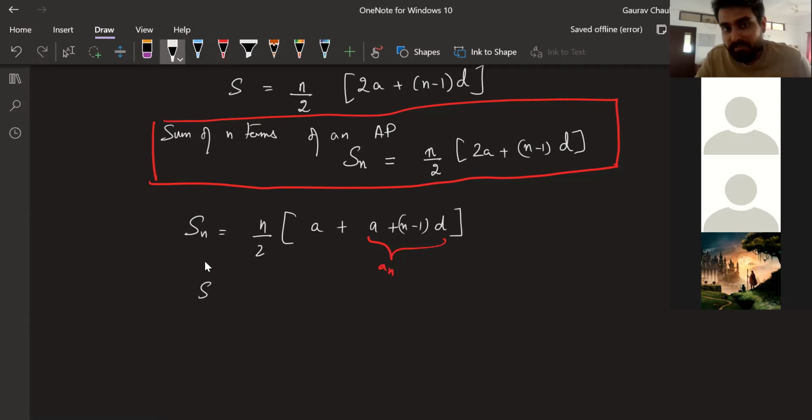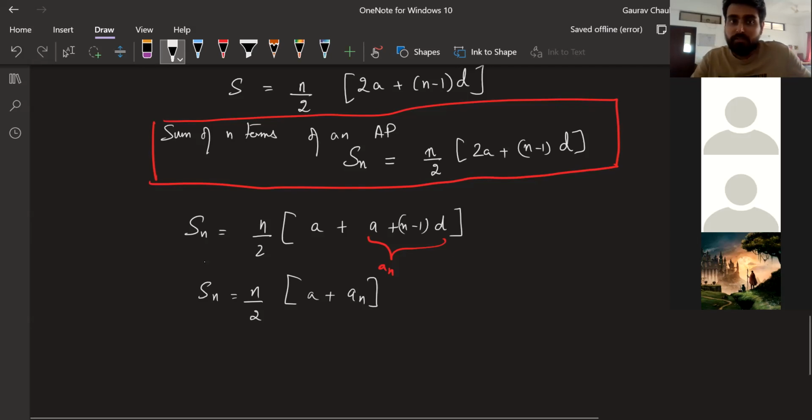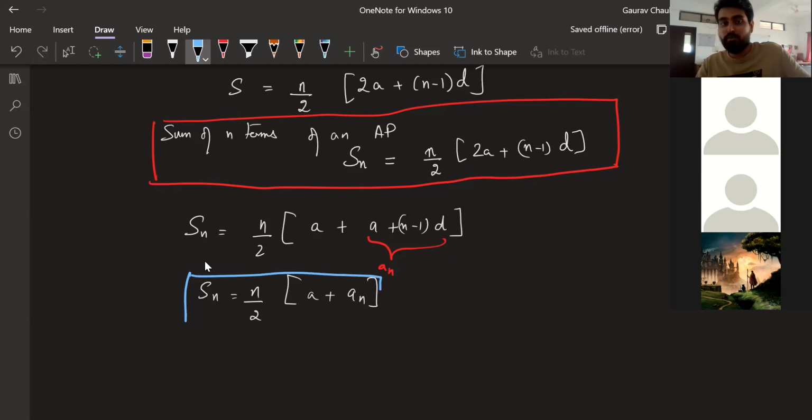So that gives us Sn is equal to n by 2 into A plus AN, which means if you're given the first term and the 10th term, you don't have to know the common difference every time. And you're asked to find the sum of 10 terms, you can find it just like that. So put this in a box.